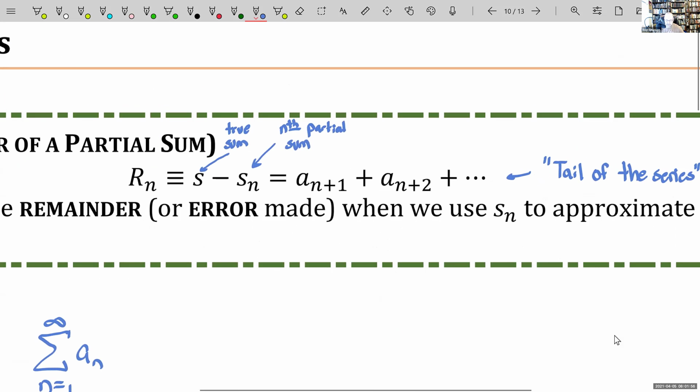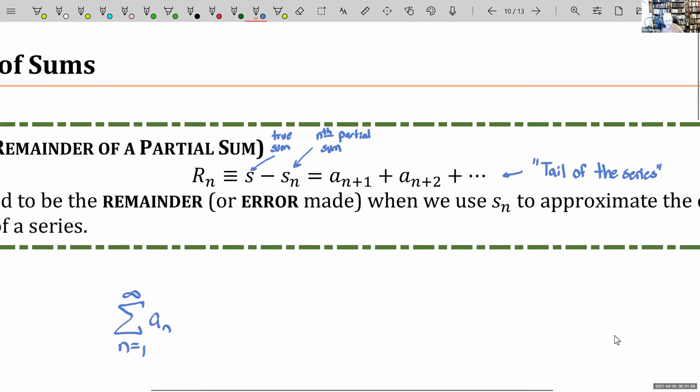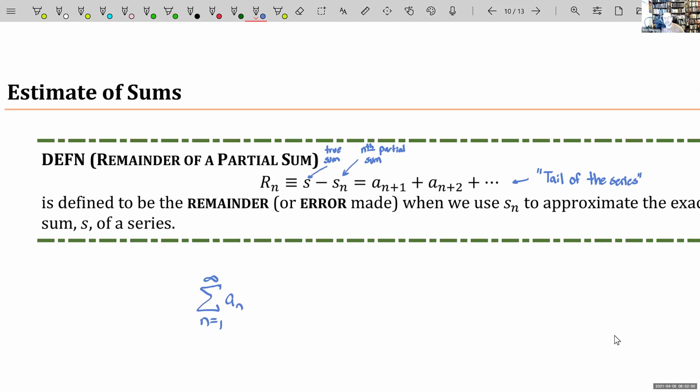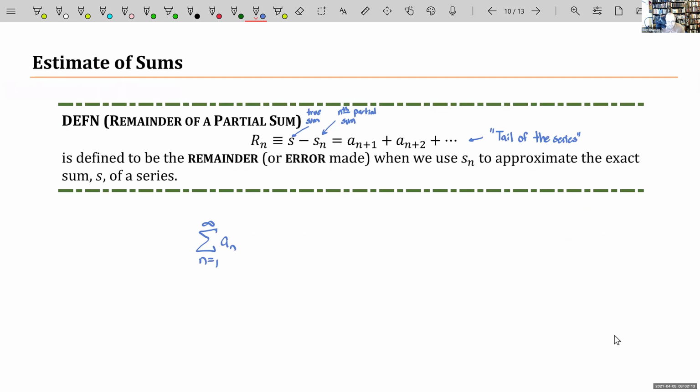That's the tail of the series, the stuff that you did not actually add up. And that tail of the series is defined to be the remainder or error. So that's, in fact, what I'm going to call it. So we're going to call that the error made when we use S sub n to approximate the exact sum S of a series. Okay.